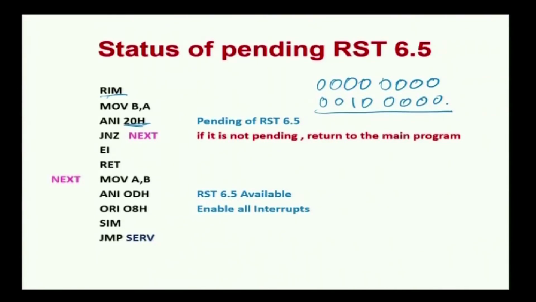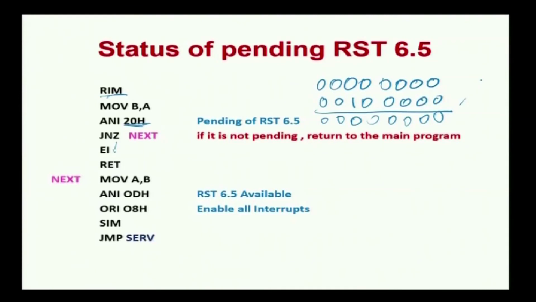If both signals are high, then we get the output as high. So, here I will get all signals as 0. 0 AND 0 is 0, 1 AND 0 in the AND gate is also 0. So, finally, I get all the values as 0. If it is 0, it will execute the EI instruction, then it will return back to the main program. This is one condition.